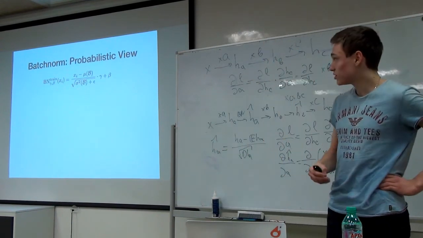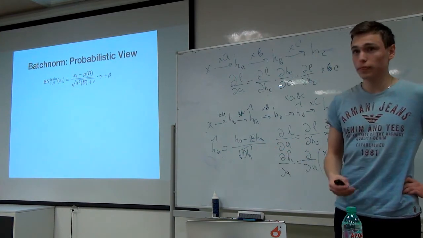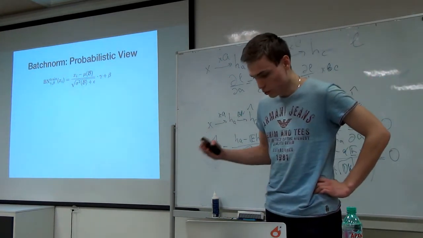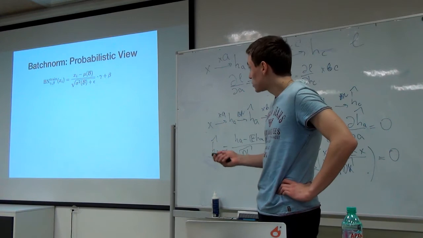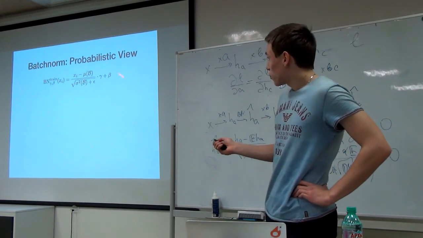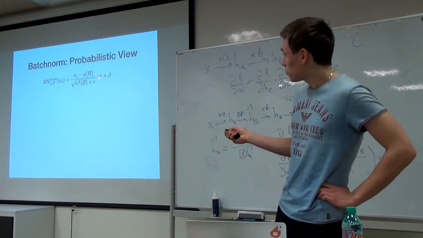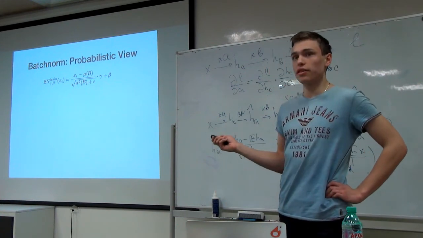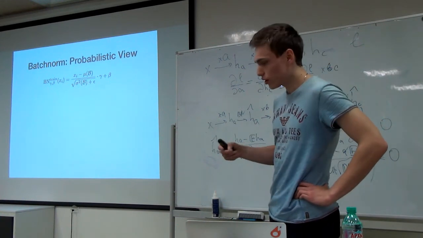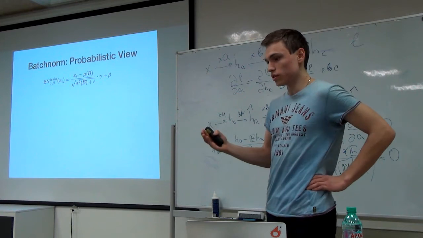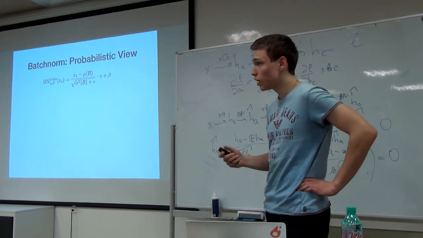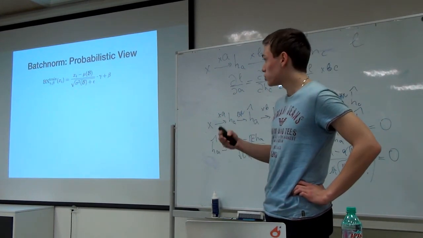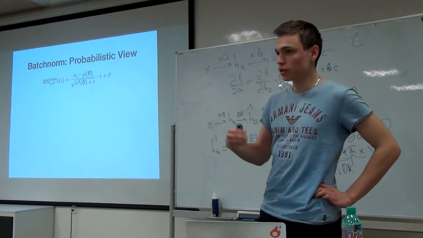And let's move on to the probabilistic view of what we actually did. From the forward pass of batch normalization, from this formula, we can note that the forward pass in our batch normalized network depends not only on one object x_i, but on the entire batch.